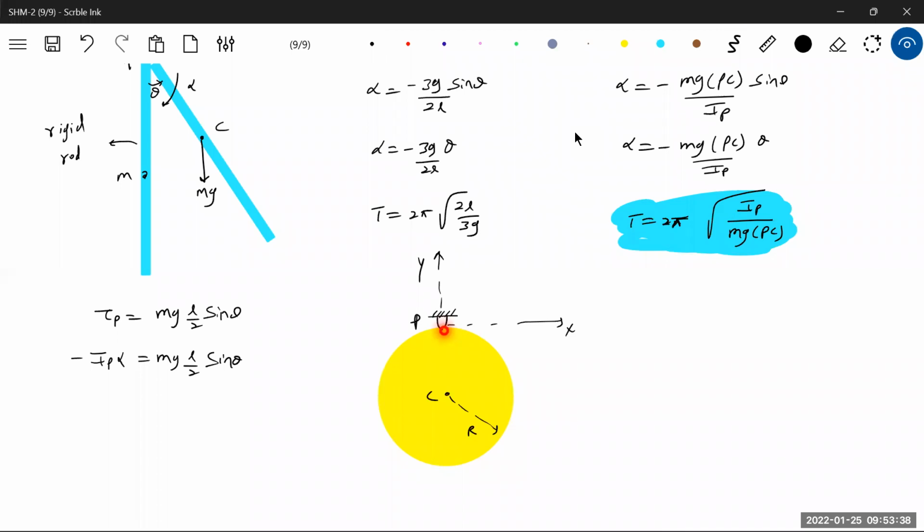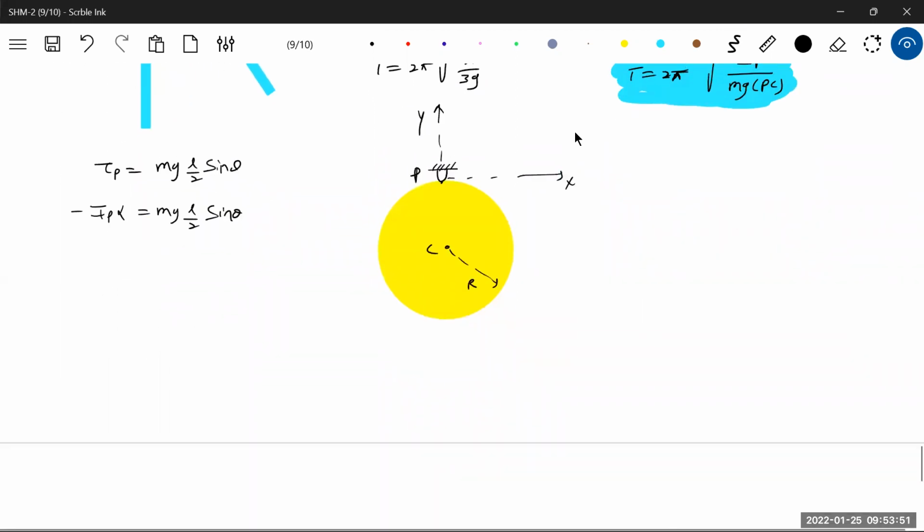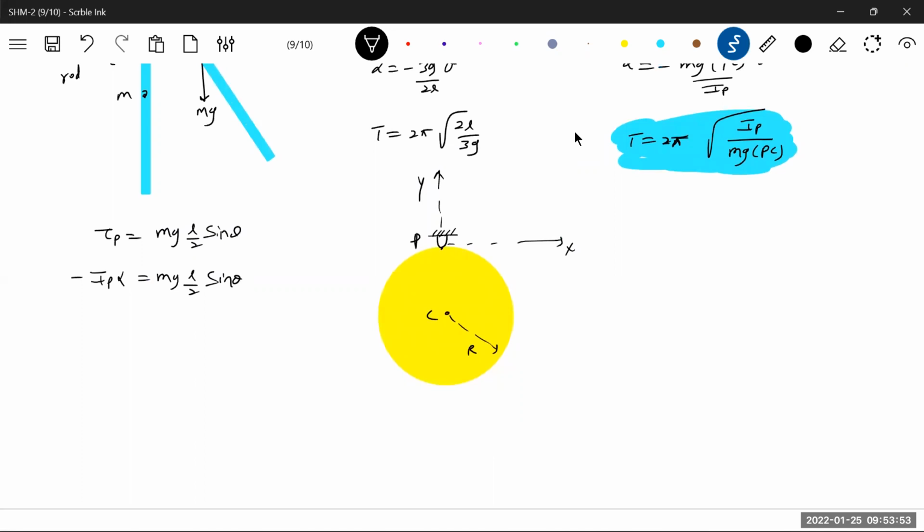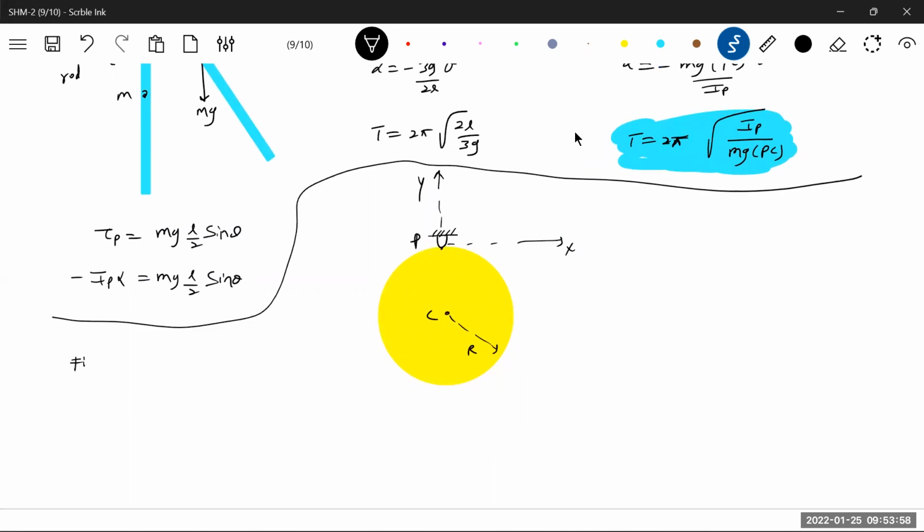If it oscillates about the Z axis, two things are there. It can oscillate about X or Z axis here. Find the time period of oscillations of the disk about X and about Z axis. We'll do both the things. Let's see how that formula will help us.